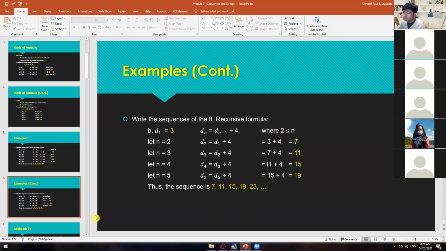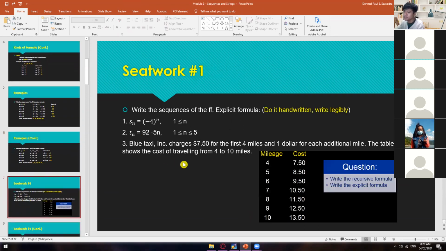All right, once you're done understanding those examples, of course you're going to have a seat break, because this one is quite long. The first one here is to write the sequence of the following explicit formula. Take note, this one is explicit formula. Do it handwritten, write logically, and then take a picture of it clearly.